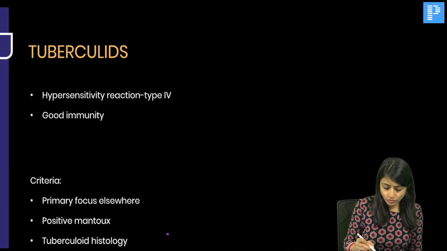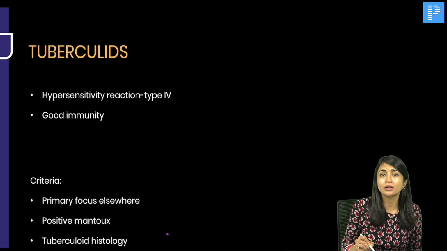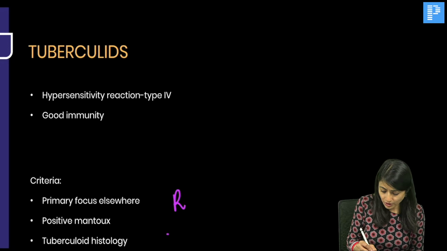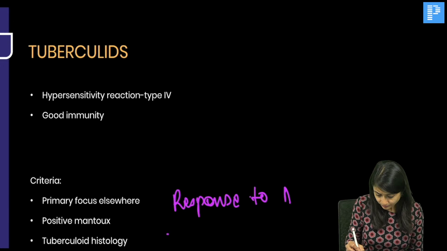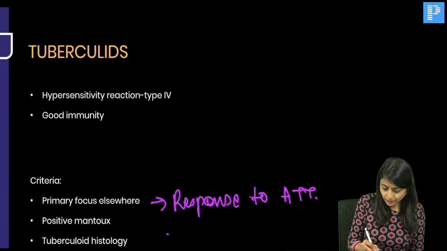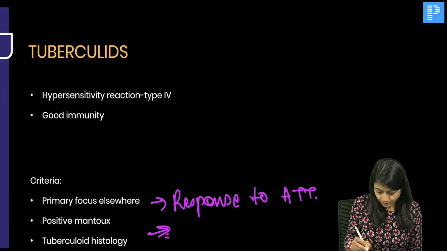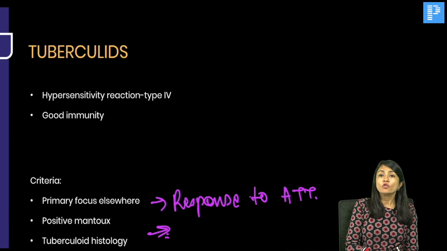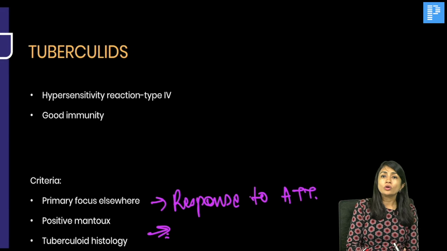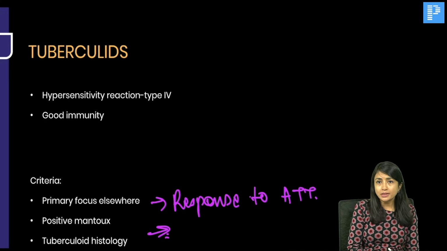So there has to be a primary focus which is there, a positive Mantoux test, tuberculoid histology, response to ATT. So there is a primary focus elsewhere. From there, the toxin or the dead bacilli generates a hypersensitivity reaction.